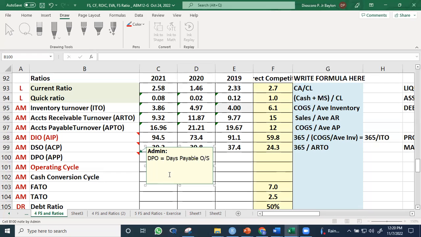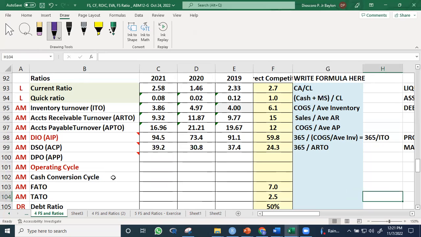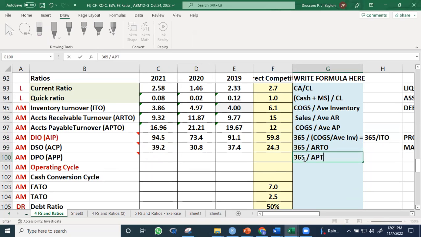Days payable outstanding, or APP is average payables period. Okay. All right. So let's compute for this. What is our DPO? Of course, the formula is simply 365 divided by your APTO. Okay? 365 over your APTO, which is equal to, okay, we can drag this down.